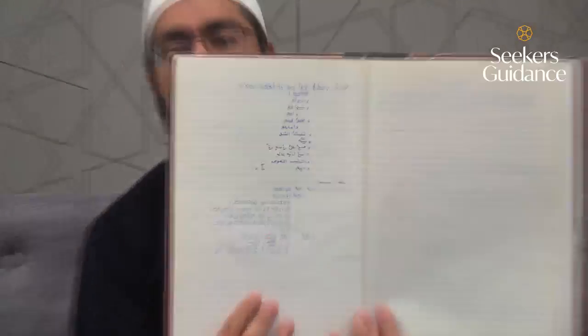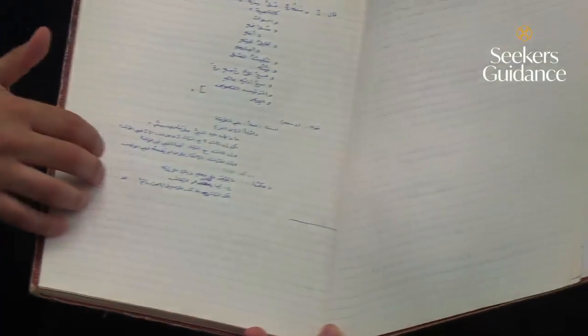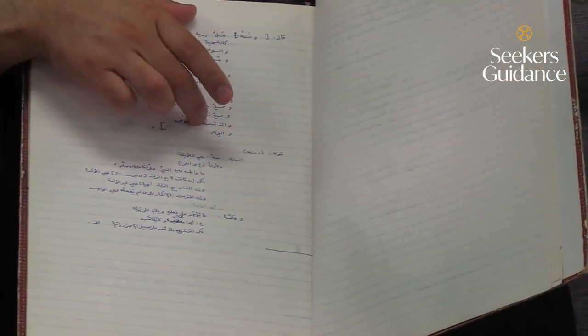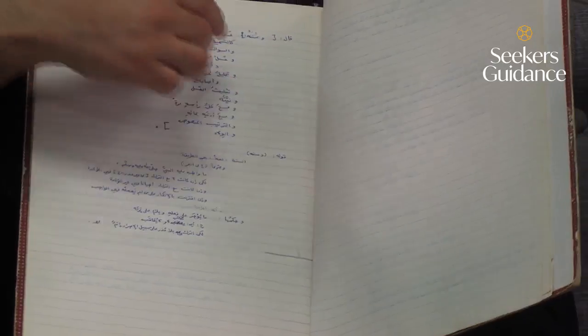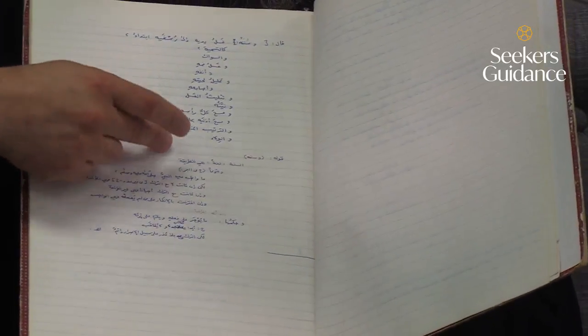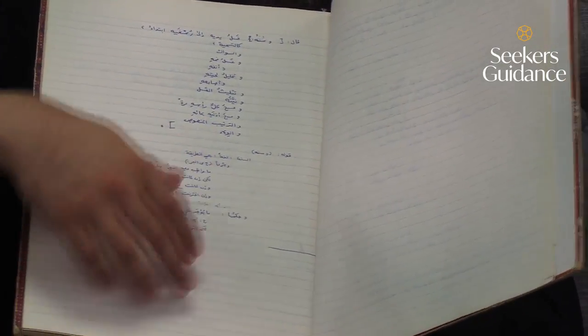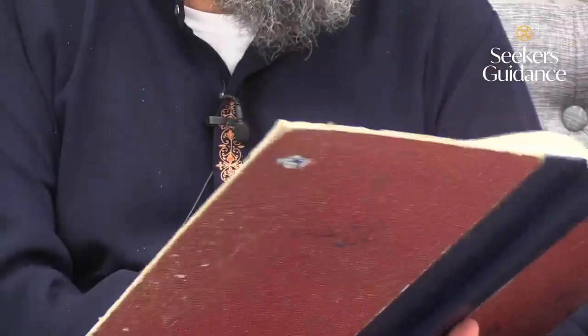Anyways, it's good to take notes. What the Mashaykh recommended was, when you take notes, leave generous margins. Just write the text in no more than a third or so of the page, space it out logically, and leave a lot of space. Keep one page blank so you can take notes later.